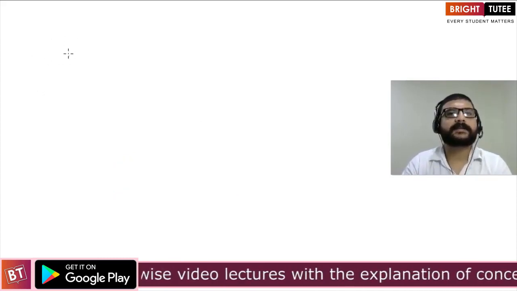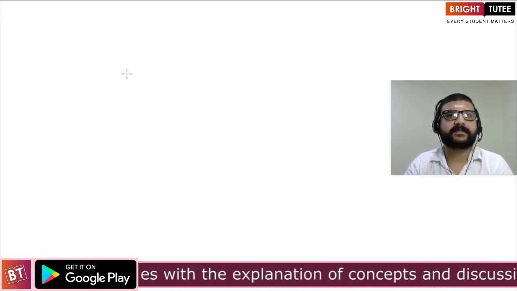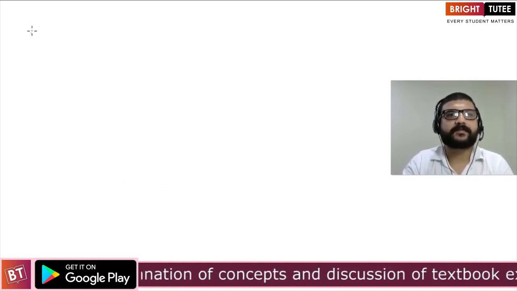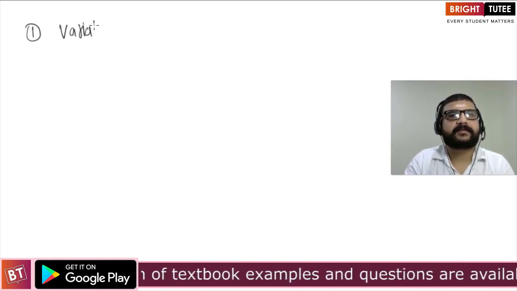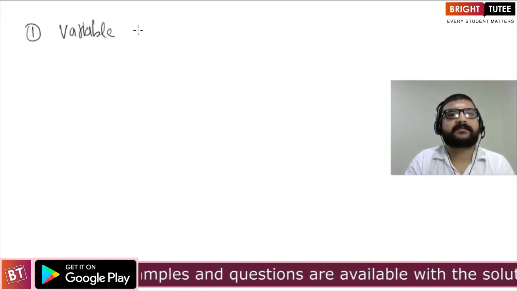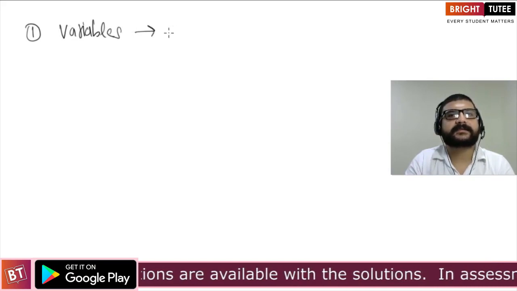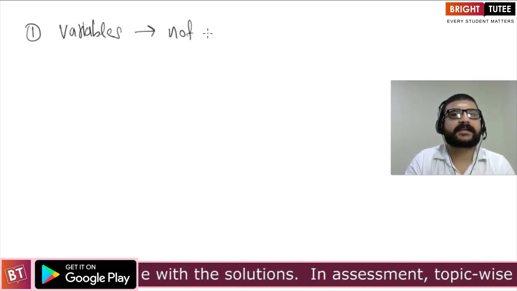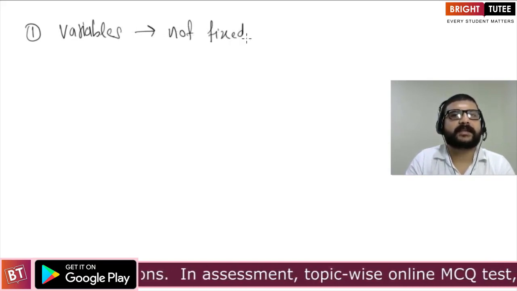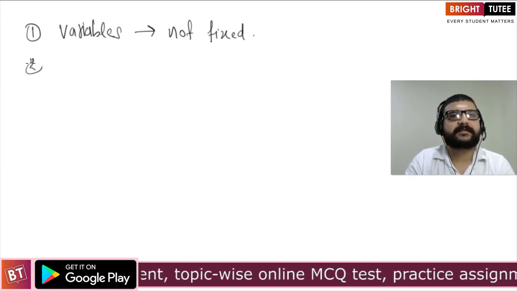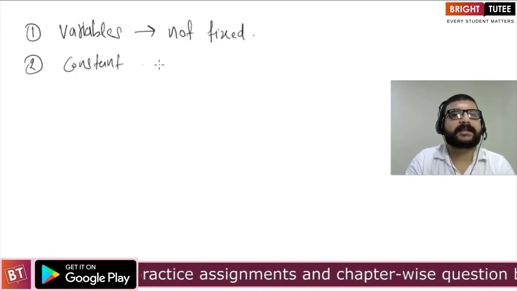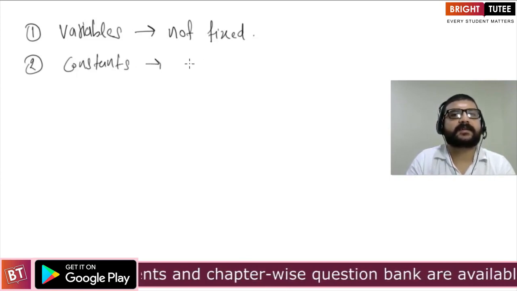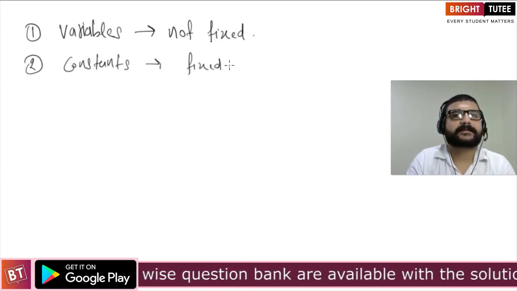Now let us quickly summarize whatever we have learned in this video till now. First of all, we have seen what are variables. Variables are the quantities which are not fixed. And then we have seen what are constants. Quantities which are fixed are known as constants.